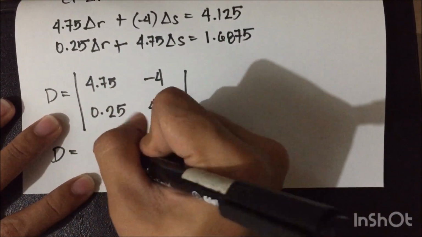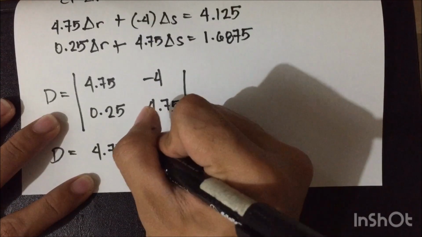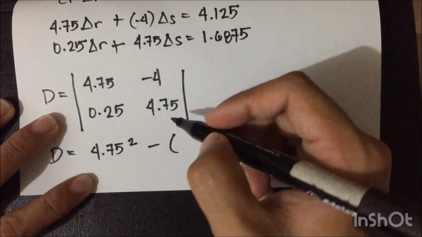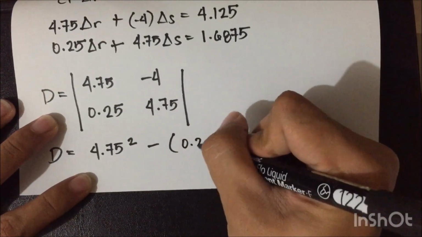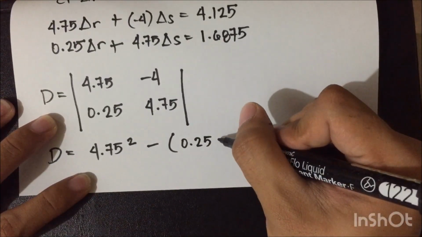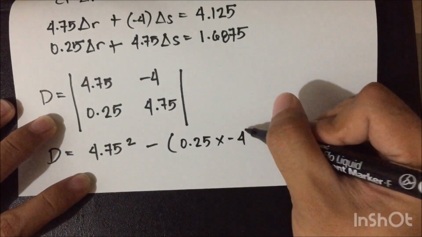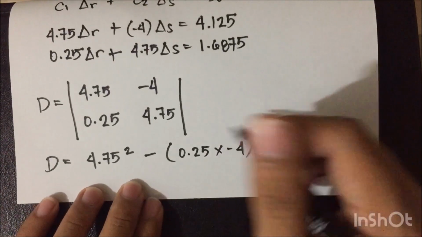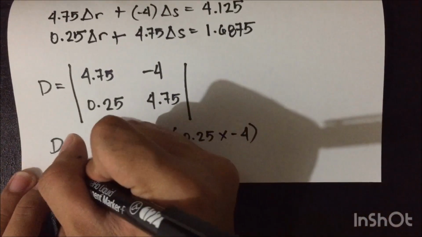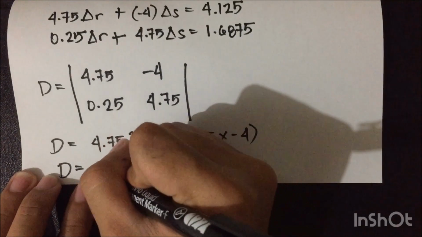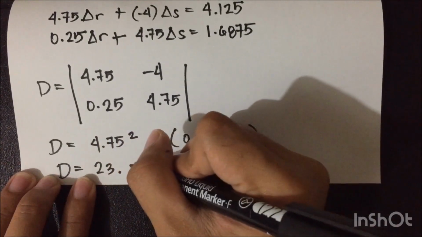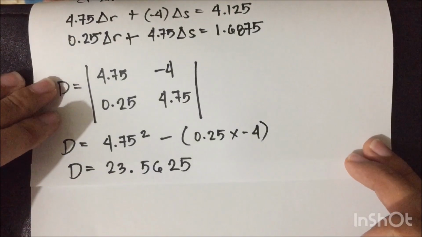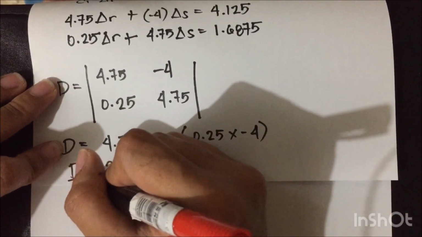So, 4.75 squared minus value ng 0.25 times negative 4. So, makukuha nating value dito sa determinants is 23.5625. So, meron na tayong value ng ating determinant.